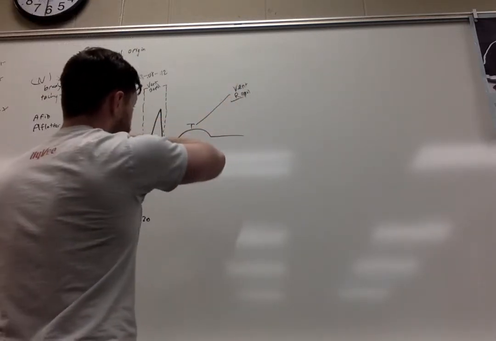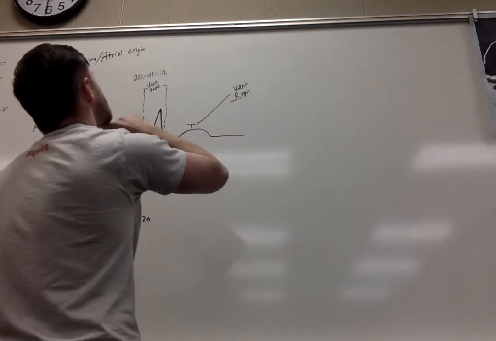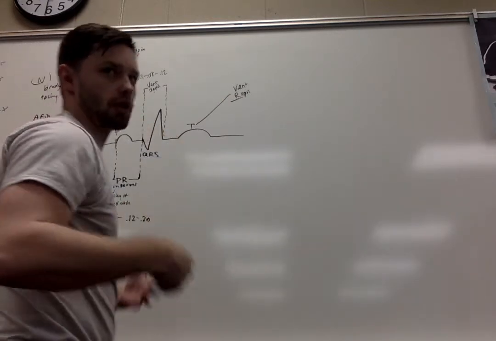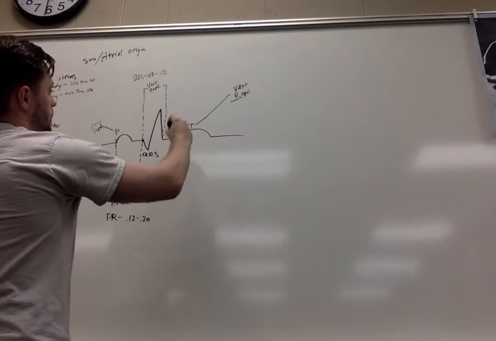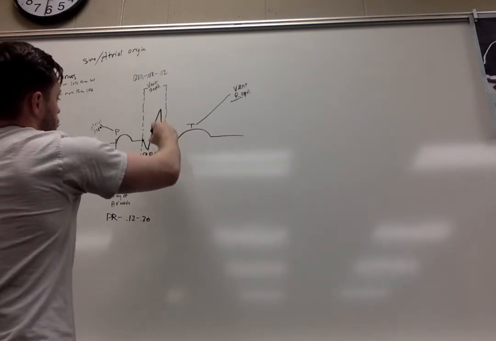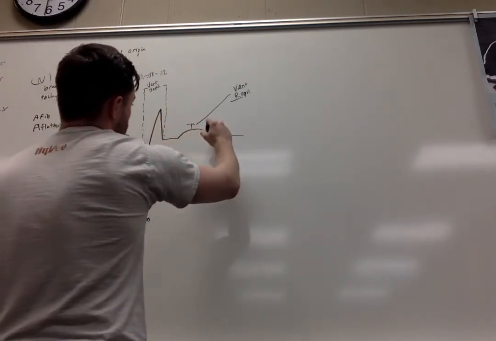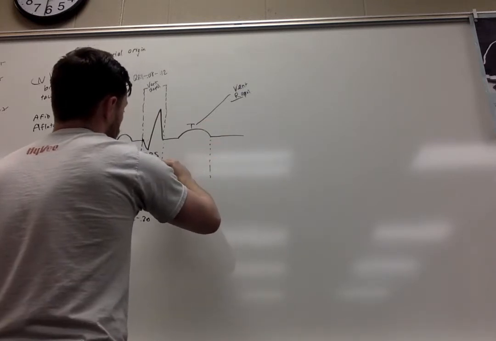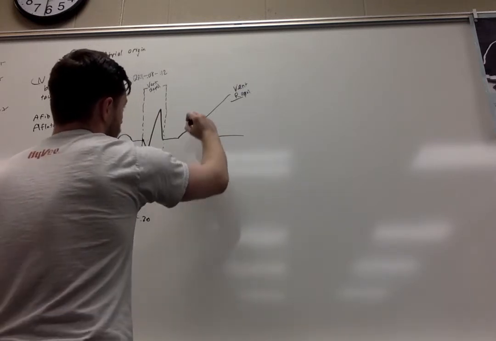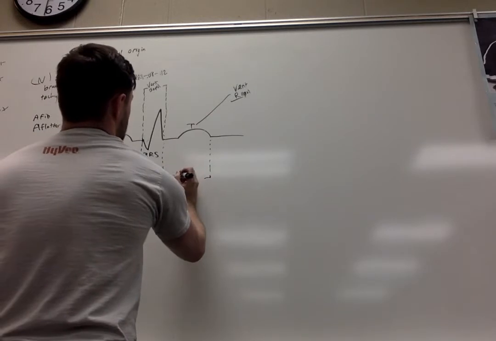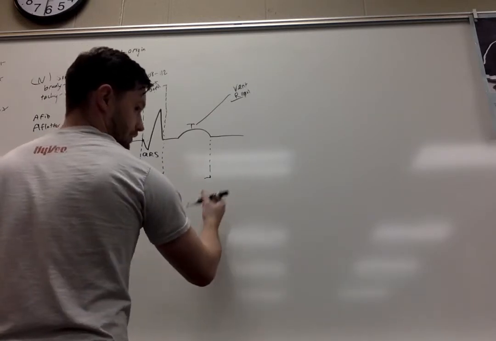Ventricular repolarization is important in the sense of how long it takes for the heart to recharge. So from the end of ventricular depolarization to the time it takes for full repolarization, that's important. It varies, and I'll give you a couple scenarios.